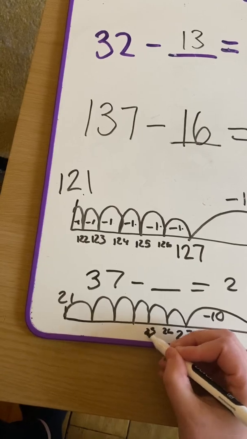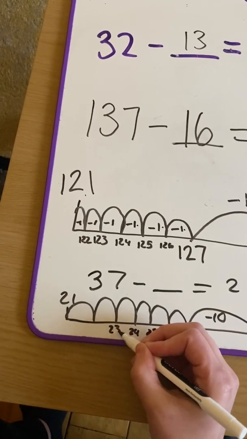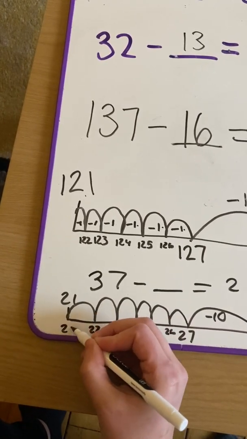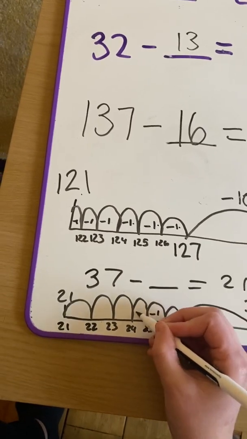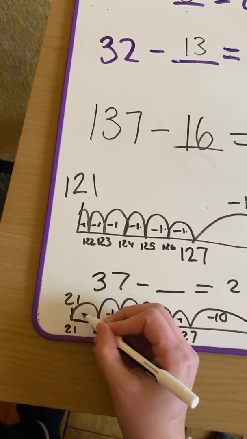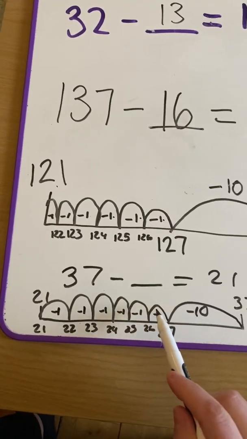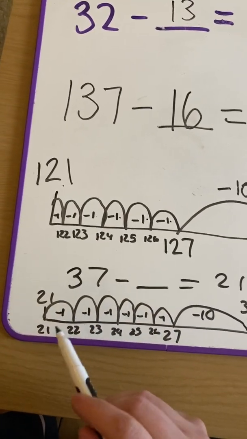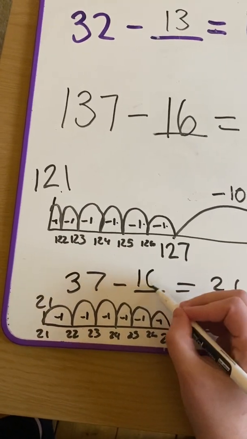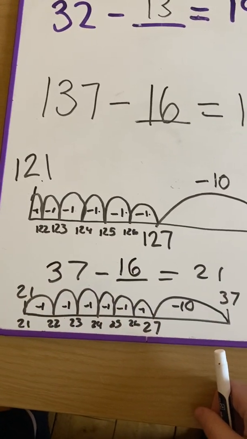And I'm going to minus 1 each time here. And just like we did above, we can count how much we've taken away. 10, 11, 12, 13, 14, 15, 16. So 37 take away 16 is 21.